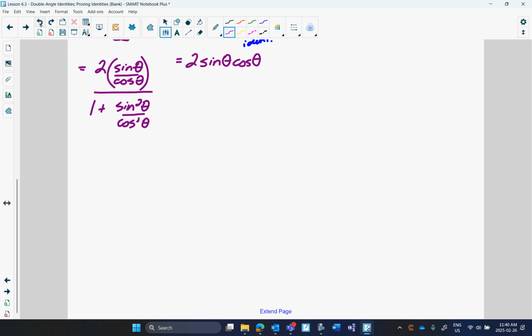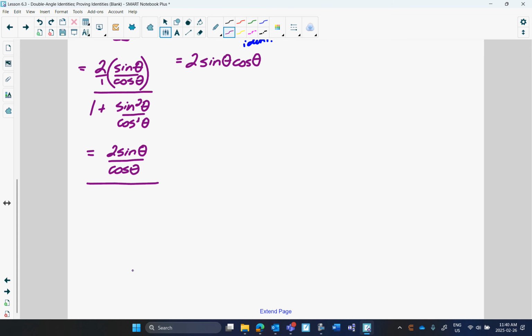What's an easier way to say the top of this big fraction? 2 sine theta over cos theta. That's as far as I can simplify the top of the big fraction.